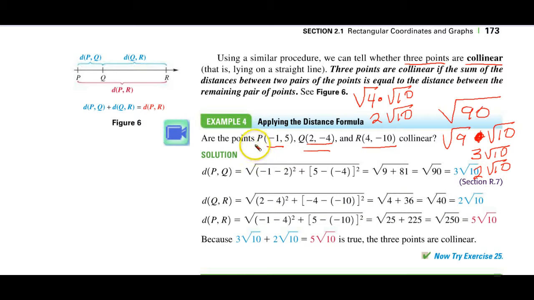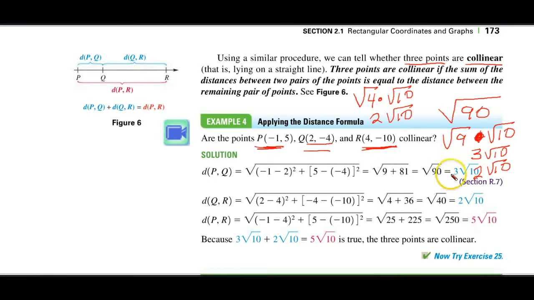And then you're doing P and this last one. And when you do that, you get 250, which is 25 times 10. Square root of 25 is 5, square root of 10.